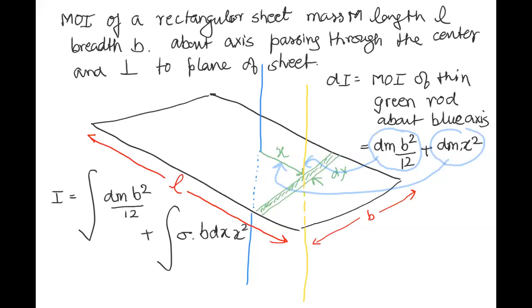And this will go from, you can write this straight 0 to m, and you can write this from minus L by 2 to plus L by 2. Right? Where sigma, remember, sigma is equal to m by LB, mass upon area.